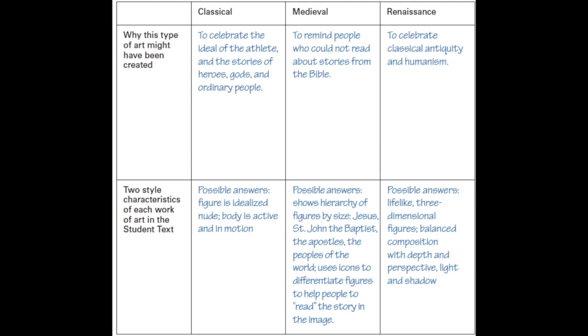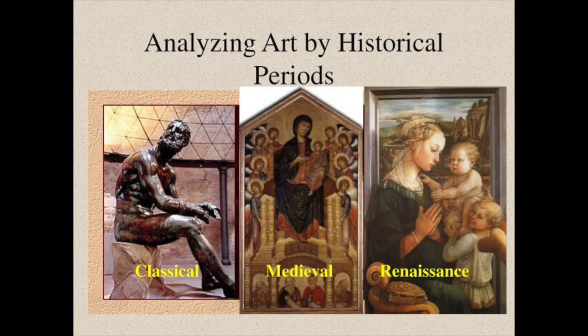So a style that has three-dimensional figures, is very detailed with depth and perspective. So that's something to think about. And as you look at these three images, you can kind of tell which one is the artwork of the Renaissance.